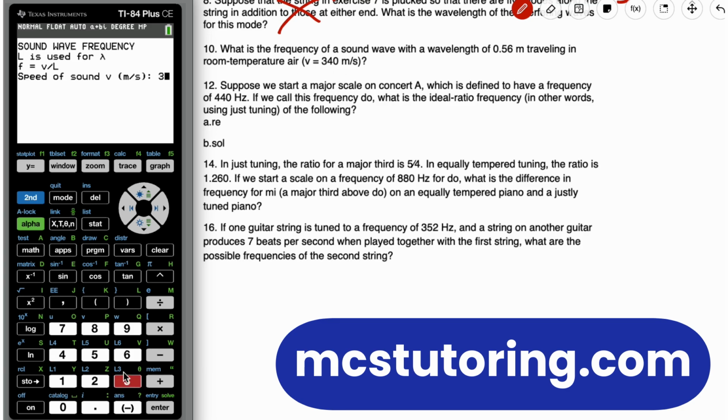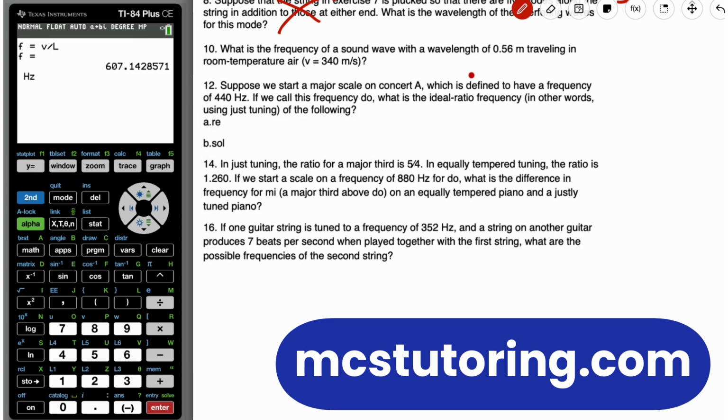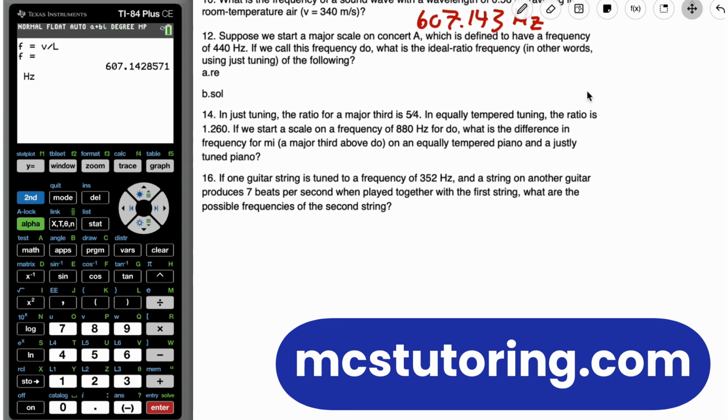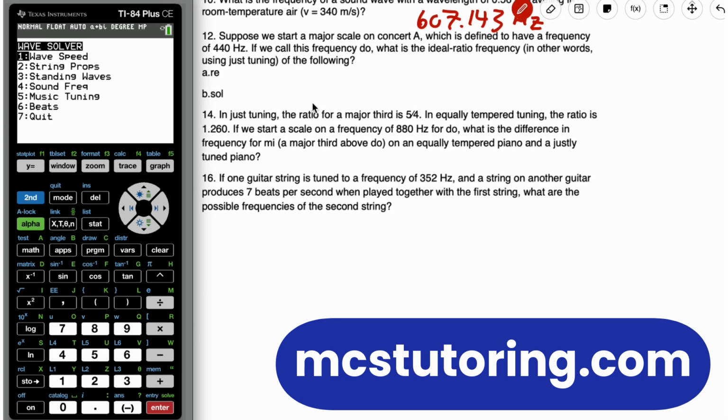In this case, it's 340 meters per second, and the wavelength is 0.56. It looks like it's 607.14. I'm going to round it up to 607 hertz, and that's beats per second. That's what hertz means, by the way. So we're going to go on.